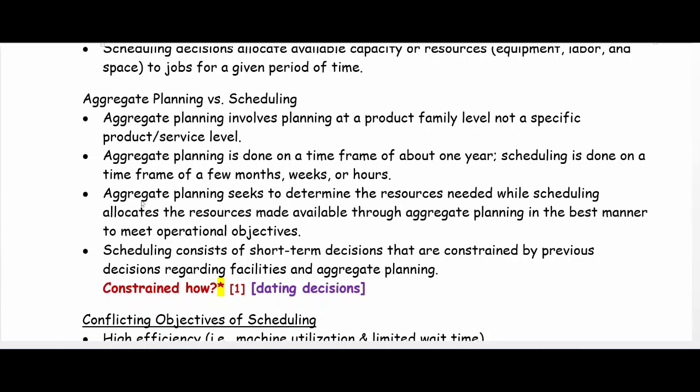So let's say that you want to make this product and you need to purchase some parts that are going to take 1 month to order and get into your facility. Let's say you order those parts and 2 weeks go by and then you decide, you know what, I really didn't want to make those parts yet.